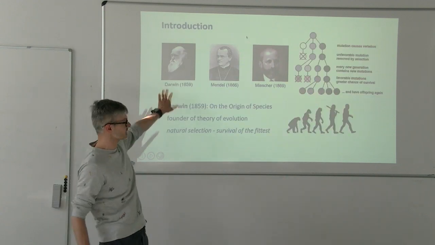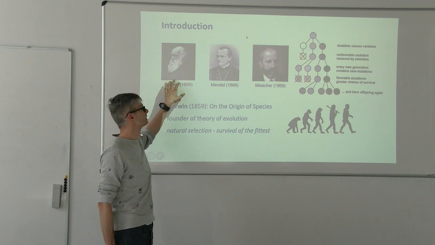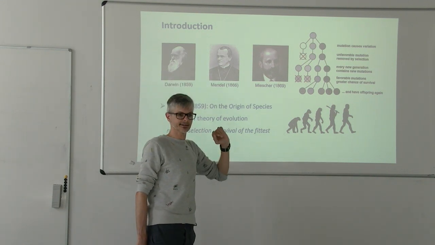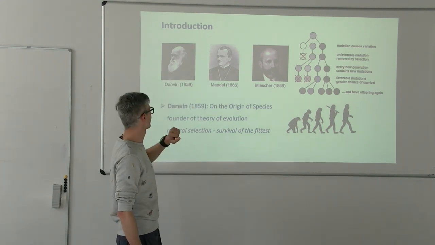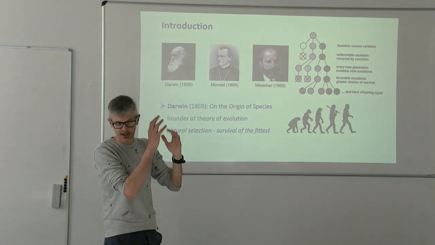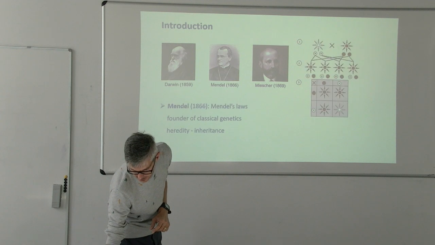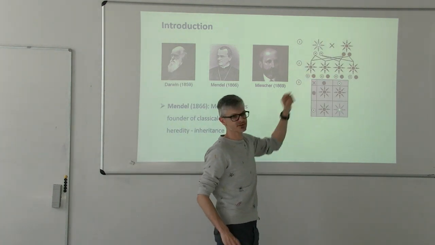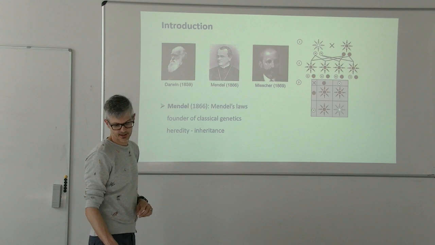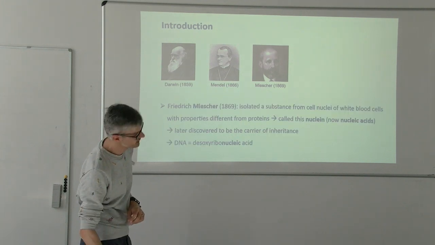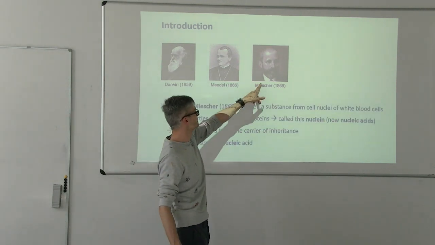So probably you know Charles Darwin, you know Mendel, probably from high school with the flowers or the chickens. Here you do the crossing, dominant, recessive, like that. But actually this is also an important guy, Michel here.